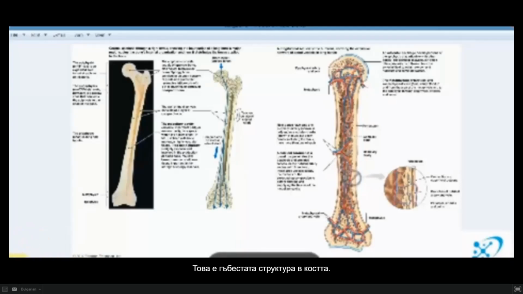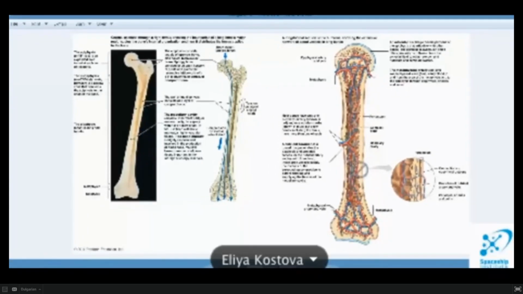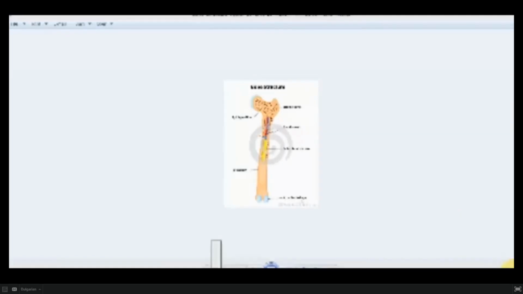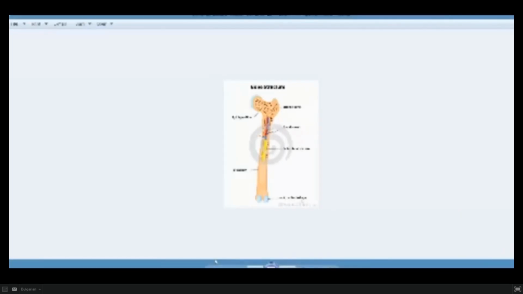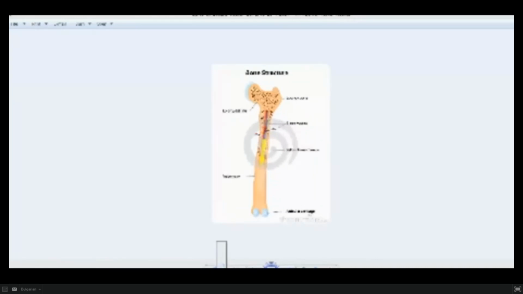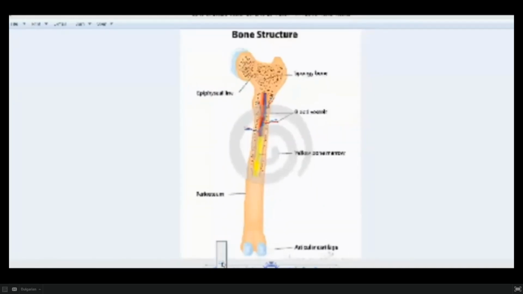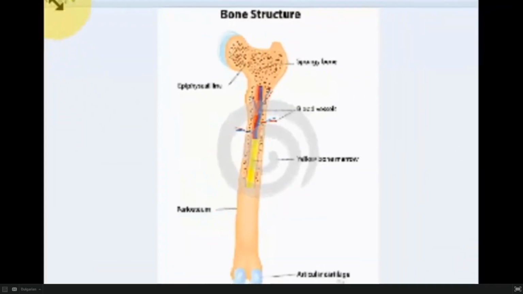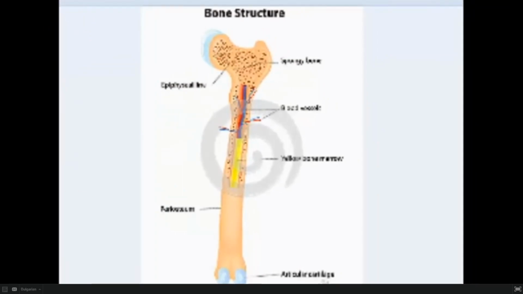This is the spongy structure inside of the bone. It's visible.